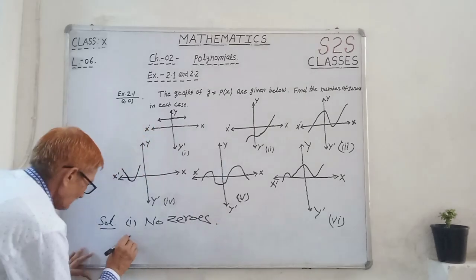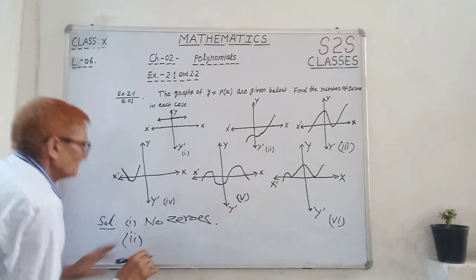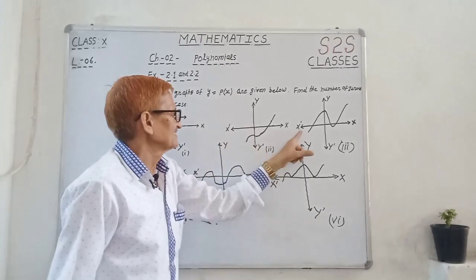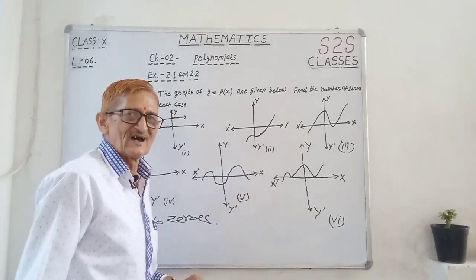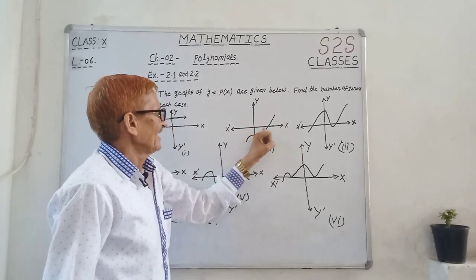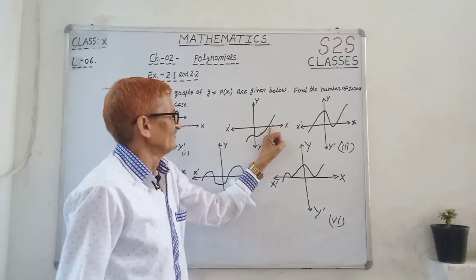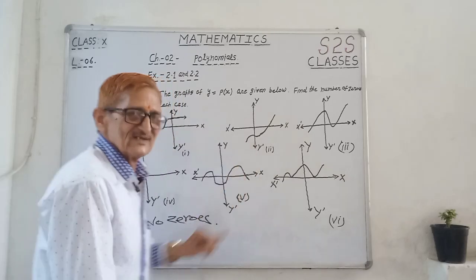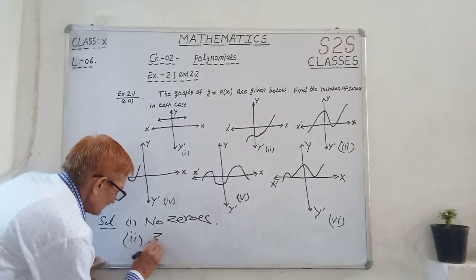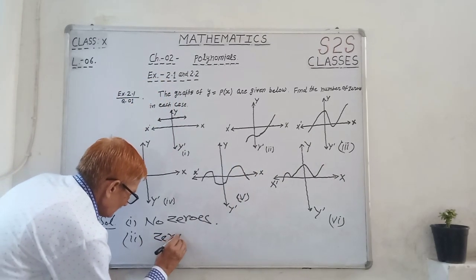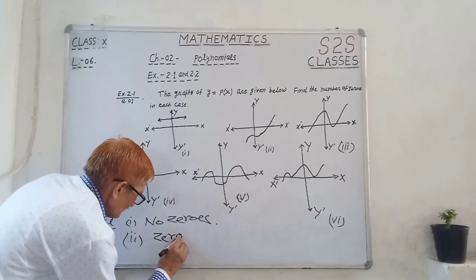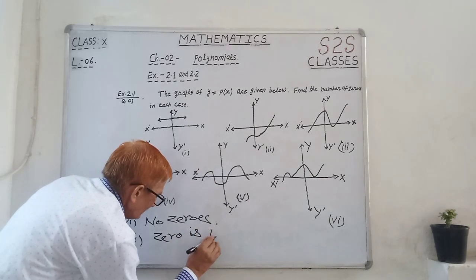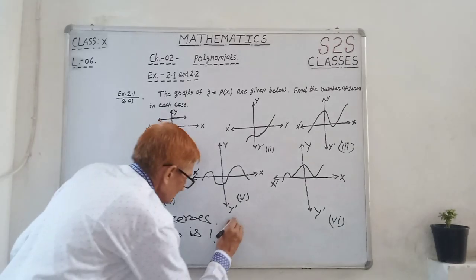Second part, how many points on the x-axis are cut by the graph? On the x-axis, only 1 point, so zeros is 1.